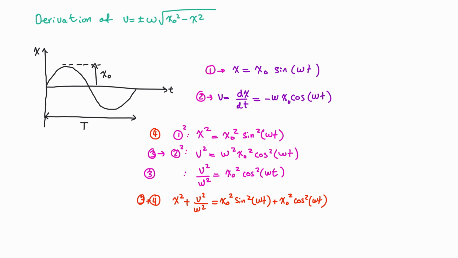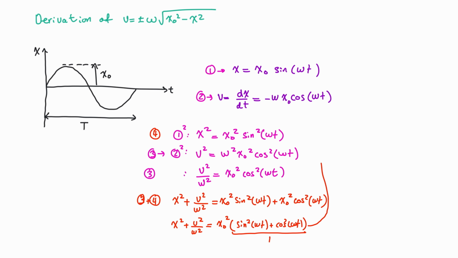And now I can write it as position squared plus velocity squared over angular velocity squared is equal to, and I'm going to take the amplitude, factor it out, and I will get sine squared omega t plus cos squared omega t, and this whole term becomes 1.